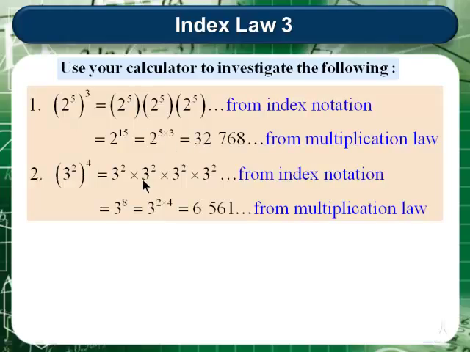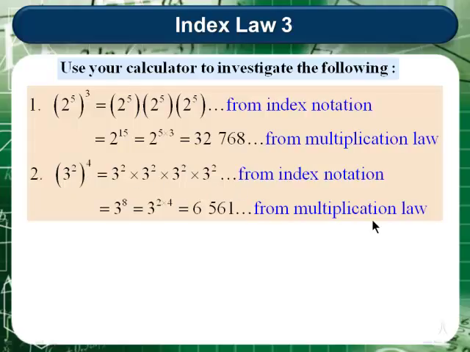We could use the calculator to confirm this. Well, if we look at the second example, 3 to the power 2, everything to the power 4, from the index notation, this really implies that you multiply 3 to the power 2 four times by itself.